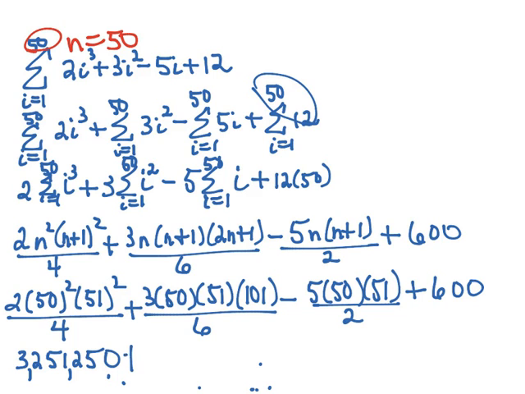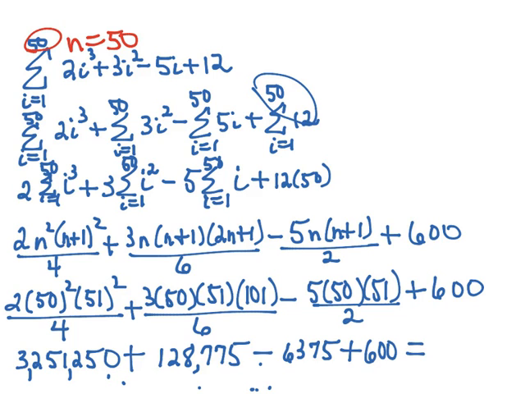And we're going to add that to 3 times 50 times 51 times 101 divided by 6, which gives us 128,775, minus 5 times 50 times 51 divided by 2, which is 6,375, plus 600. So combining these, we end up with 3,374,250 for our final answer.